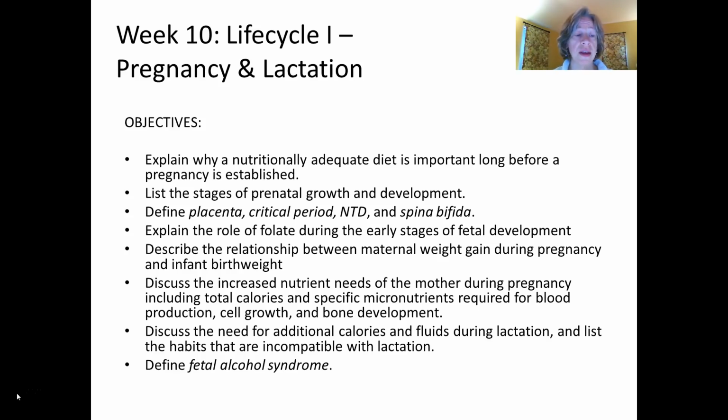So moving through the life cycle, nutrition, start with pregnancy and lactation. We know why nutritionally adequate diet is important long before pregnancy is established, especially with regard to folate status.